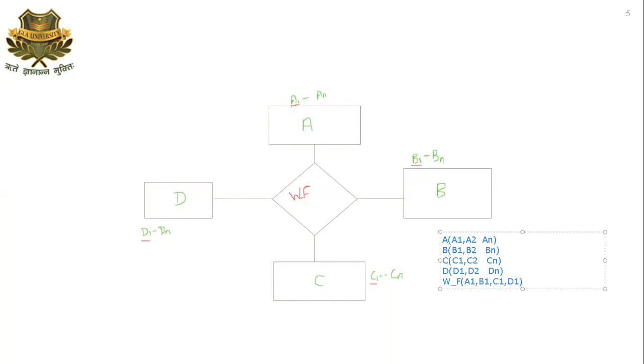And if any more attributes are associated with this relationship, then you can write those attributes over here as well. So I hope this is clear to all, right?